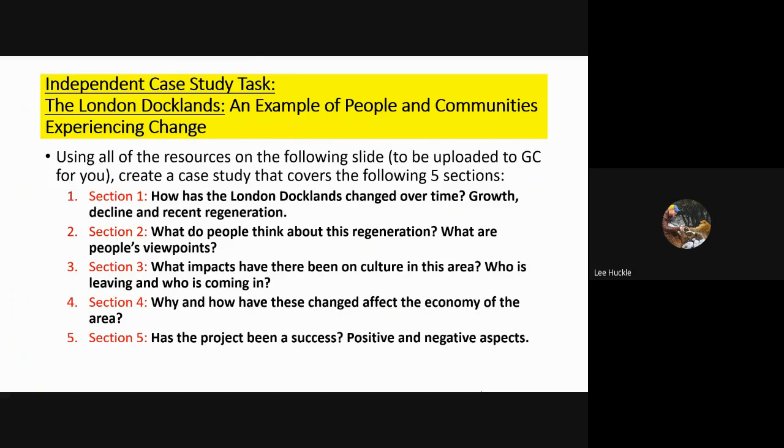And then section 4: why and how have these changes affected the economy of the London Docklands, both positively and negatively? And then 5: has the project been a success? Bringing all of that together and looking at both the positives and negatives for different groups of people, and making a judgment based on the evidence that you've gathered.